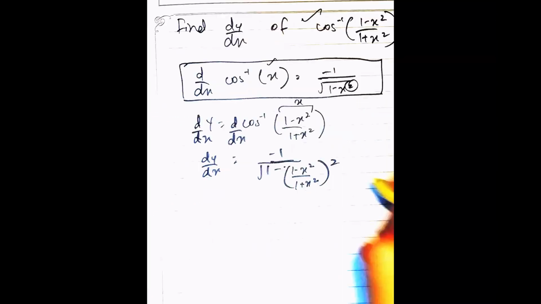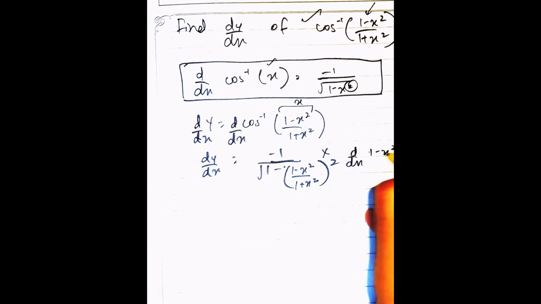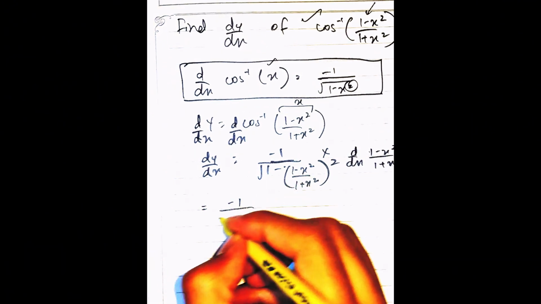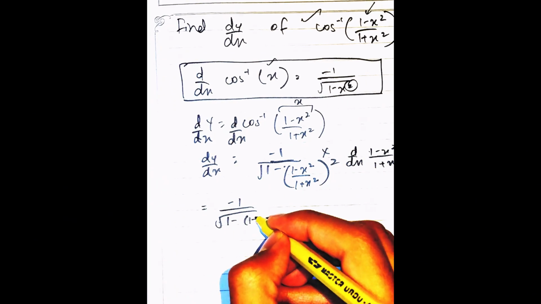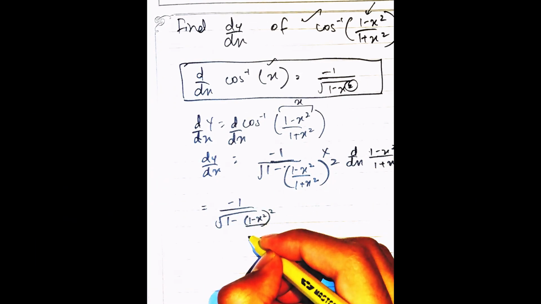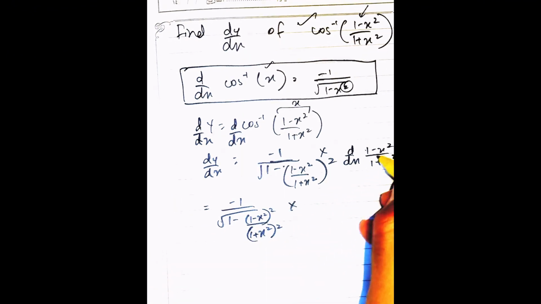Okay, and again, the derivative of the angle. Now what is the angle? The angle is anything which is present with the actual function. So we have the derivative of the angle. Then minus 1 divided by root of, now we can separate the powers, (1 minus x squared) whole squared divided by (1 plus x squared) whole squared, multiplied by the derivative of the angle.